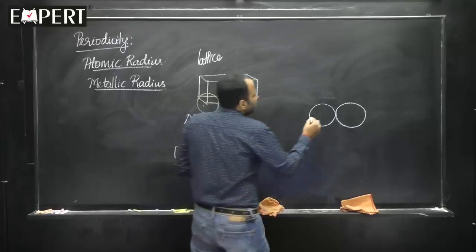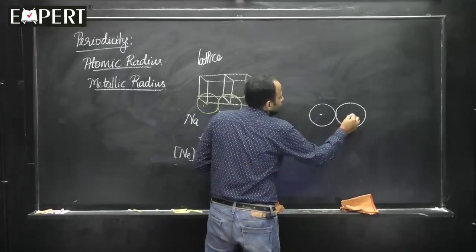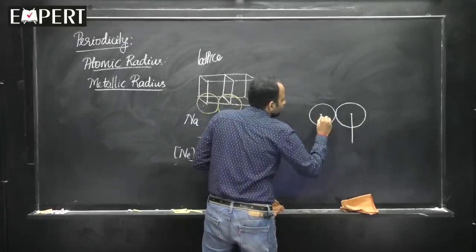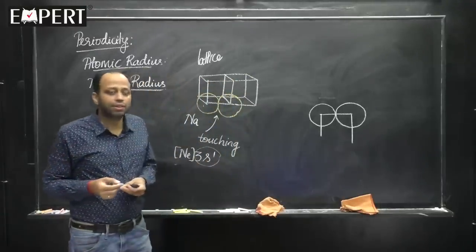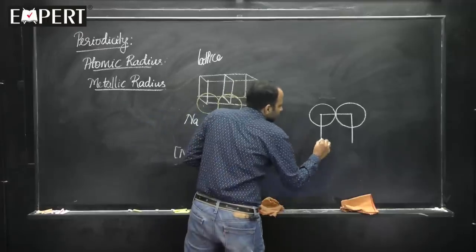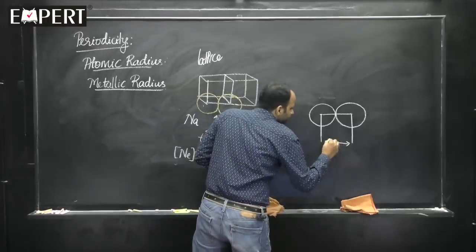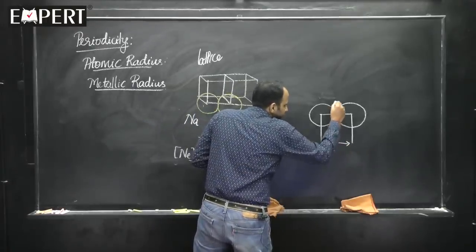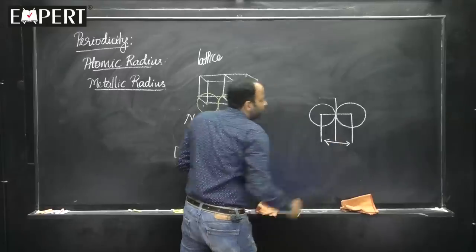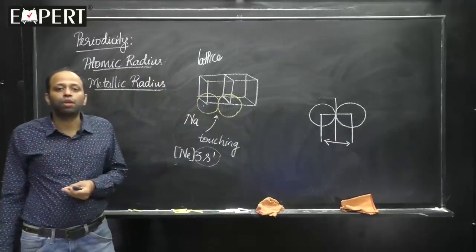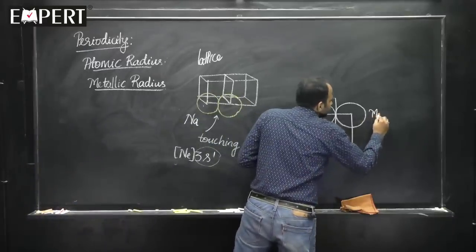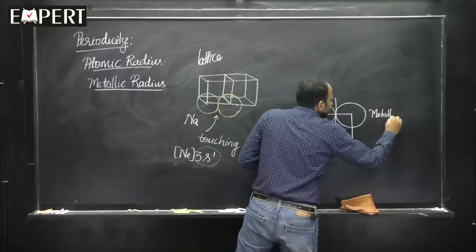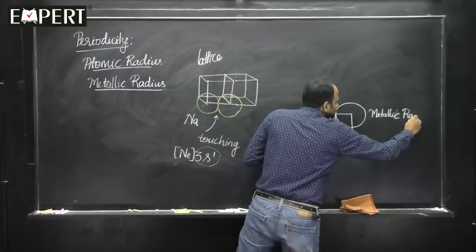Okay. Now, if I take the center of this atom's nucleus, and if I draw this, I get the distance in between it. Now, if this distance is divided by 2, then this will give me what we call as the metallic radius.